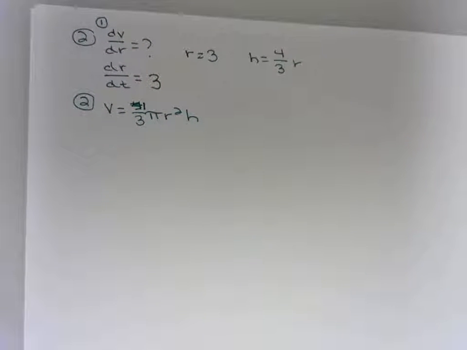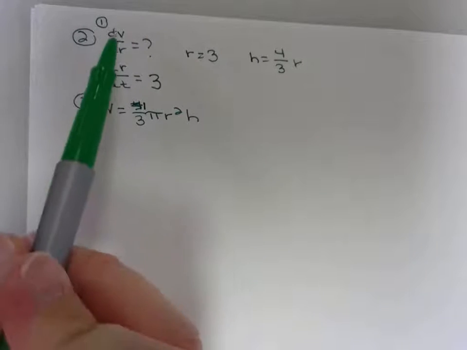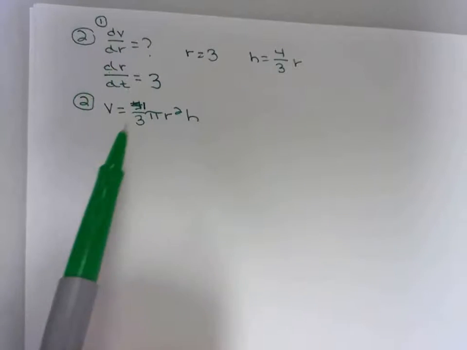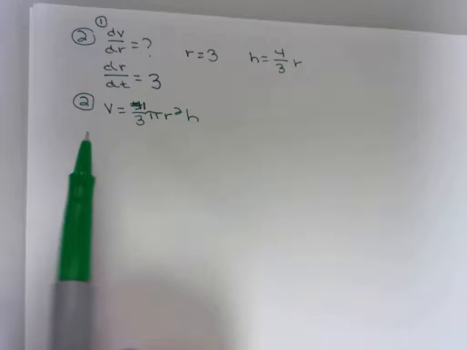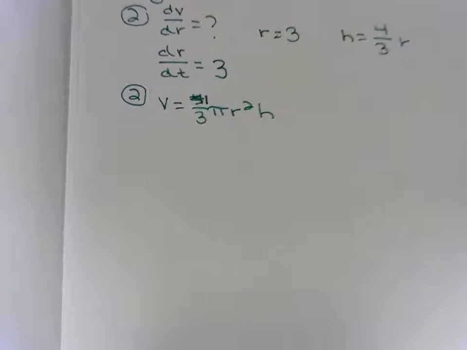Yep. Okay, now as I look at this, I want to come up with a formula that relates volume and radius, because that's my given and my unknown. Now if I look at this formula, what issue do I run into?